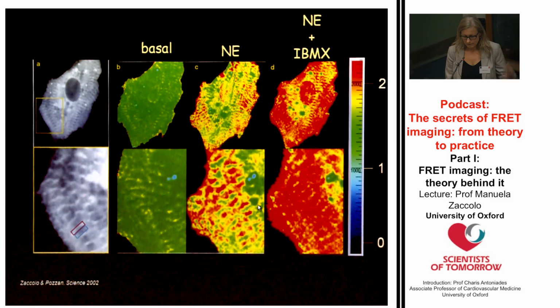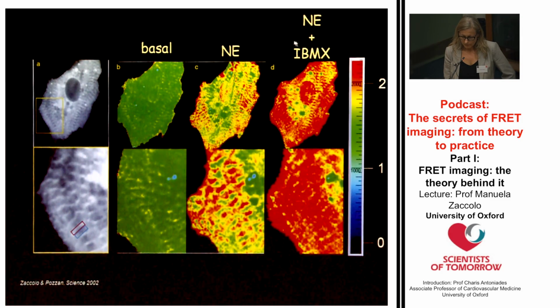And this is just a static image of a similar experiment. So by using this approach a number of years ago now, we were able to directly demonstrate that cyclic AMP signals through generation of microdomains. So this, again, is a neonatal cardiac myocyte that is stimulated with norepinephrine. And as you can see, this results in increasing cyclic AMP, which is not homogeneous, but is very clearly localized in specific subcellular microdomains.